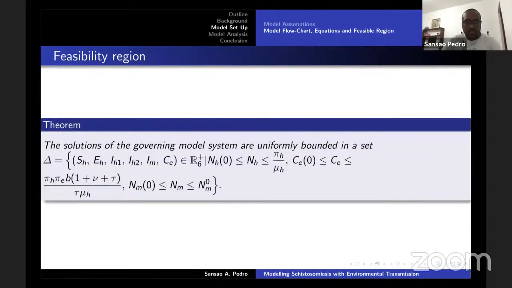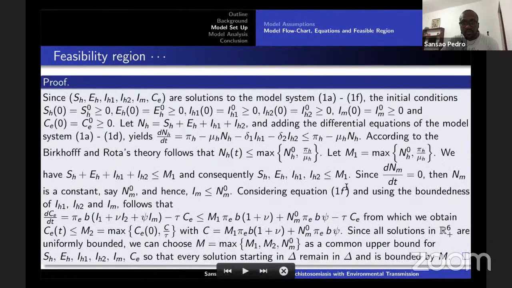Since this is constant, IM will be less than the initial total population, which remains constant over the course of the dynamics.